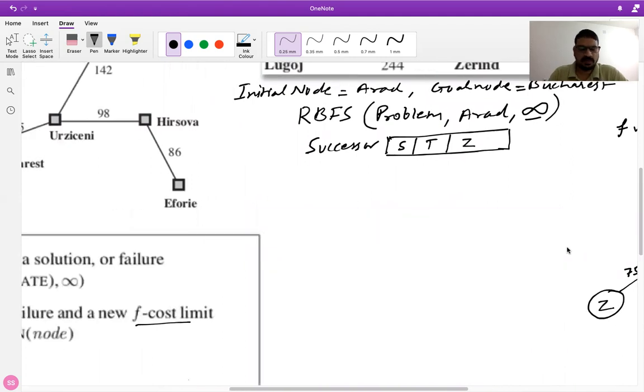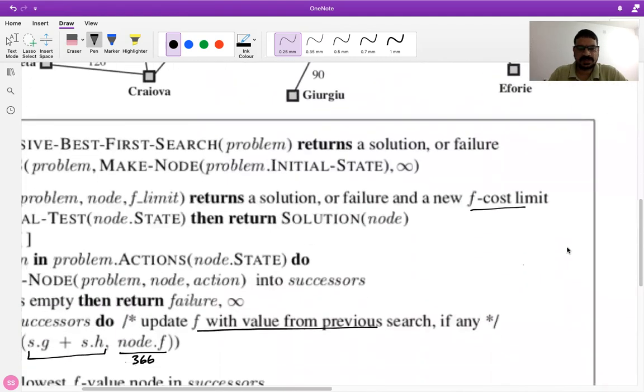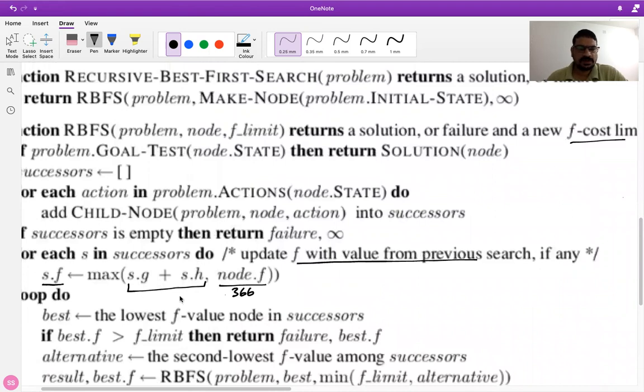So it comes to 449. Now, 449 and 366: what is the maximum? The maximum is 449, so 449 will become the f value for Zerind.